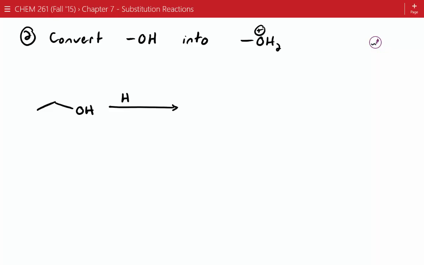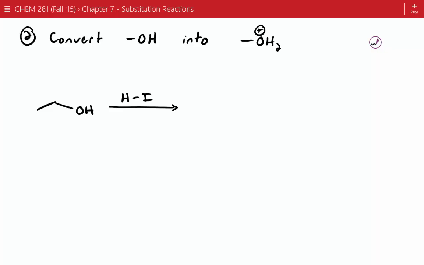First thing I can do is react this with hydroiodic acid. Acid-base chemistry is the fastest chemistry you will ever see. It always is faster than every other sort of reaction that is possible to take place. It'll beat everything out kinetically.